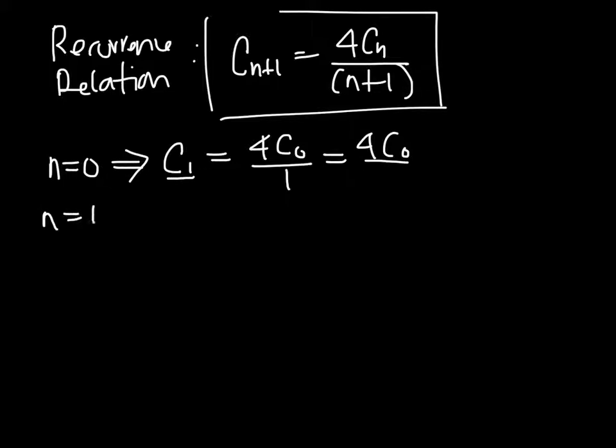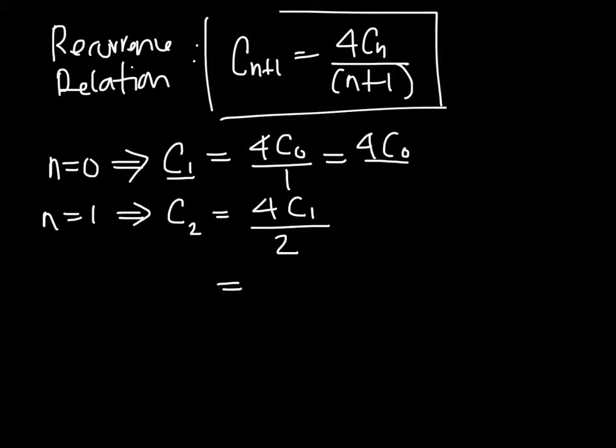What if n is equal to 1? Again, I'm going to substitute 1 for n. So I have C1 plus 1, which is C2. And then I have 4C1 over 1 plus 1, so that's 2. That's just 2C1, but just to be consistent here, I'm going to work vertically when I'm substituting another expression.